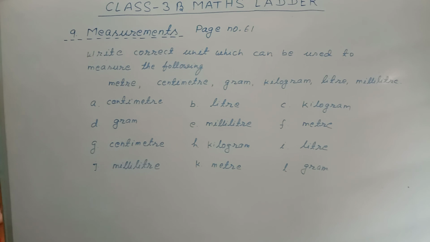Again I repeat this, weight of solid object will be measured in gram and kilogram. Then length of solid object will be measured in meter and centimeter. And liquid will be measured in milliliter and liter. According to that, I have written these answers.